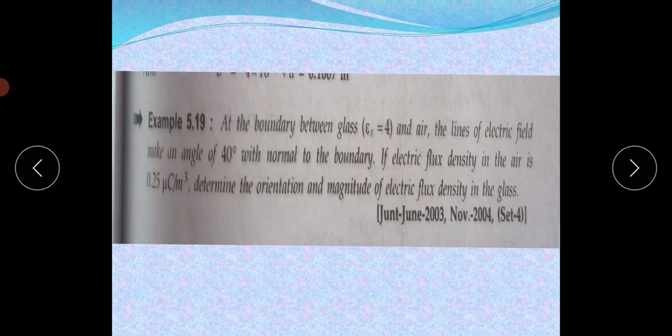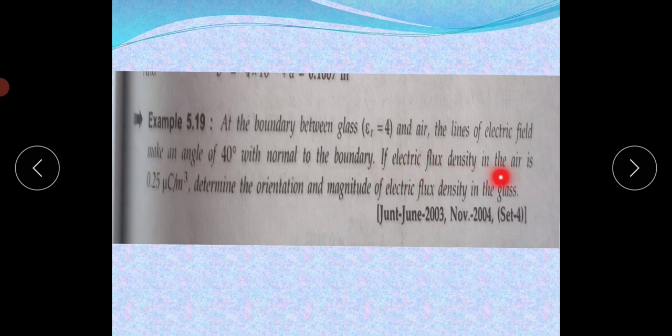So here given two dielectric materials, one material glass and another material air. Given glass relative permittivity value equals 4, and we know that air relative permittivity value equals 1. For air, epsilon r value equals 1. So in air, the electric flux lines make an angle 40 degrees with the normal to the boundary. Okay, so a boundary line and a normal line. With respect to the normal line, the electric flux density makes an angle 40 degrees.